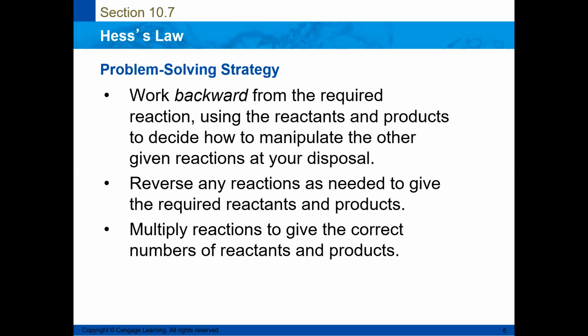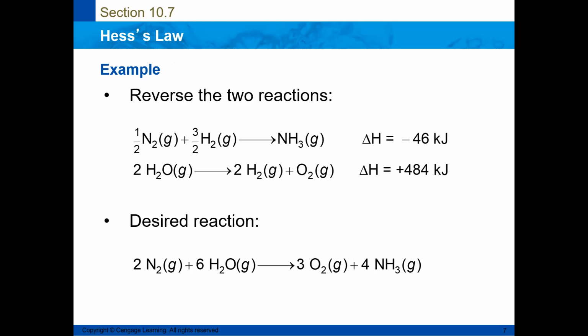So reverse any reactions as needed to give the reactants and products in the right spot, and multiply them to give the correct coefficients. What you do to the reaction, you also do to the delta H. Got that? All right, let's do one more.